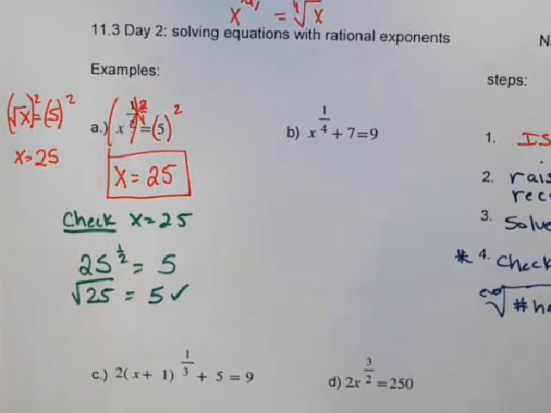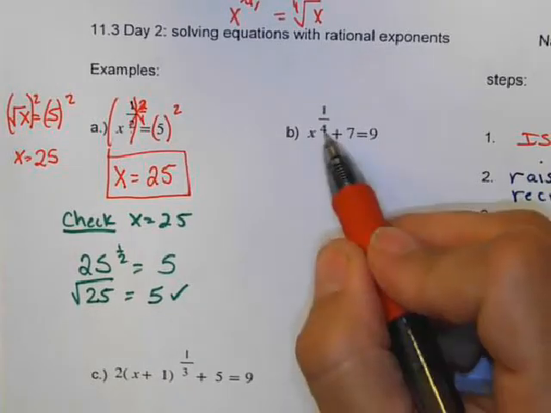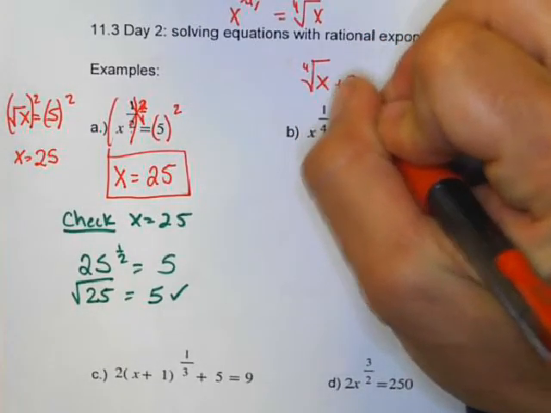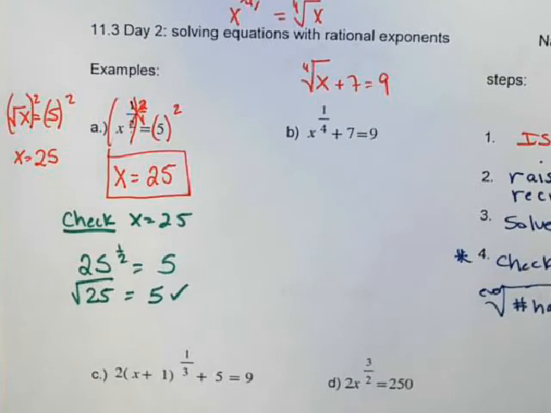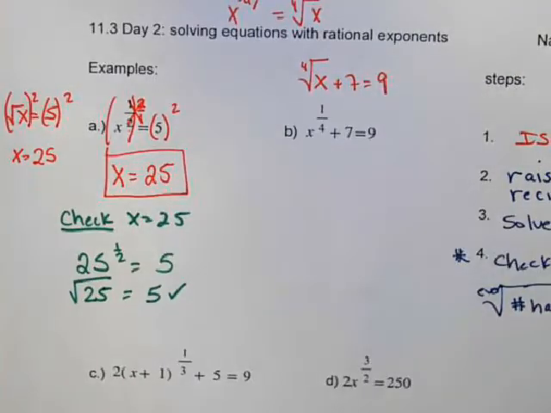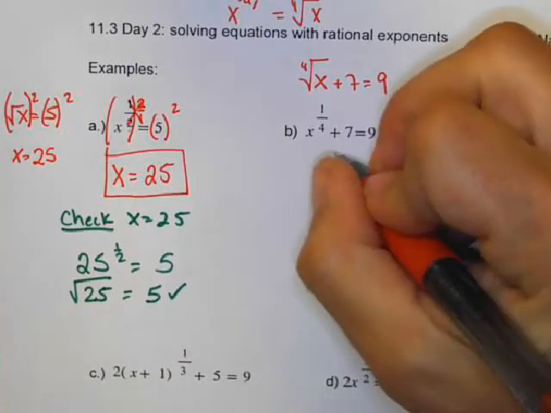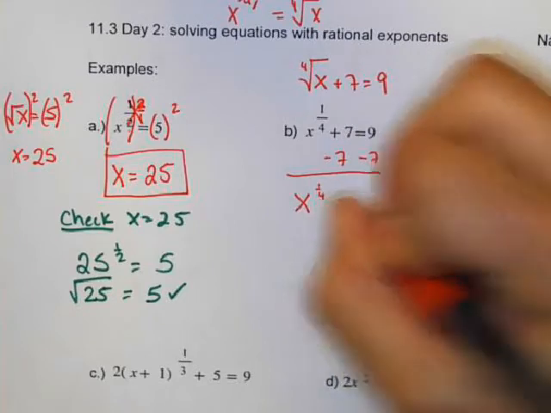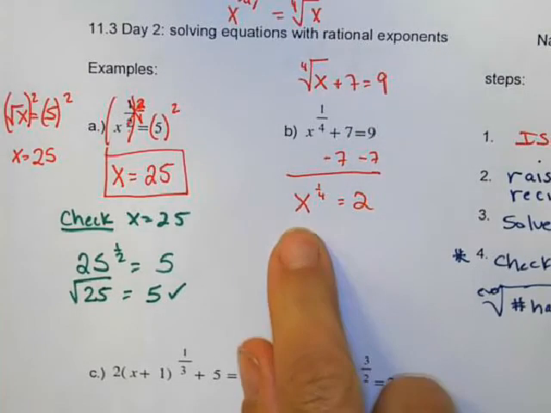Okay, question number 2. I have the 4th root. So again, if you were more comfortable rewriting it like that, it means the same thing. I'm not going to do it when it gets a little bit more complicated down here, but I'm just showing you guys right now how they are, in essence, the same thing. So I'm going to subtract 7 from both sides because I'm isolating my variable here. Then I'm going to raise it to the reciprocal power.